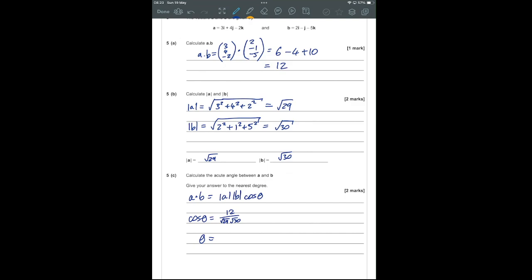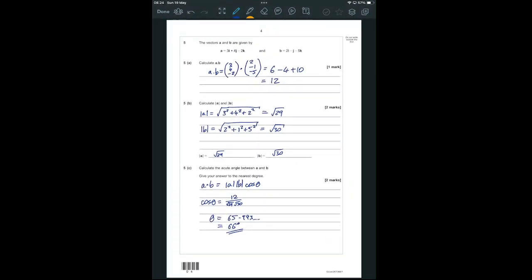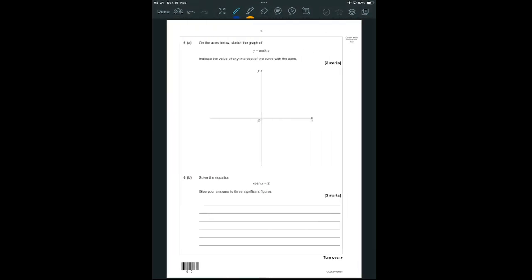Making sure that I get things in the right places, and that's giving me 65.993, etc. It's a good habit to always write out many more degrees of accuracy than the question wants, and then round it afterwards. Just a safe way to ensure you get the marks.